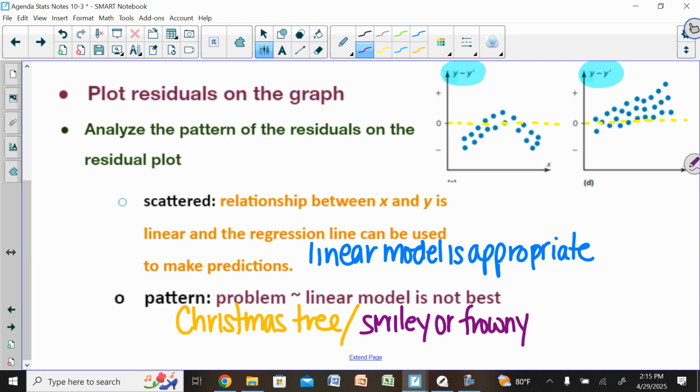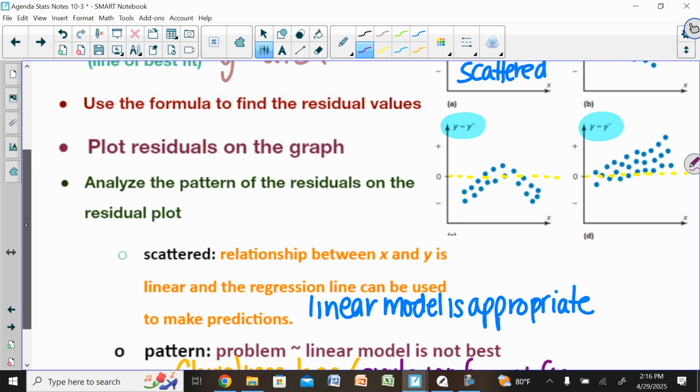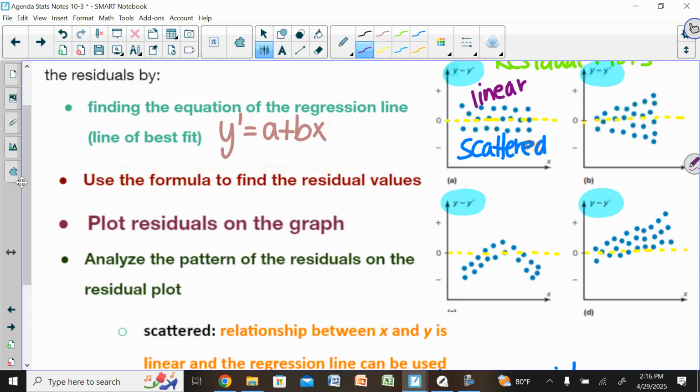Perhaps you're more technical and you see it as more of a parabola, but I like smiley face and frowny face. That means a linear model is not best. It does not work. So when I talk about a Christmas tree, this is what I'm talking about. Kind of flares out. There is a pattern to it, a triangular pattern maybe.